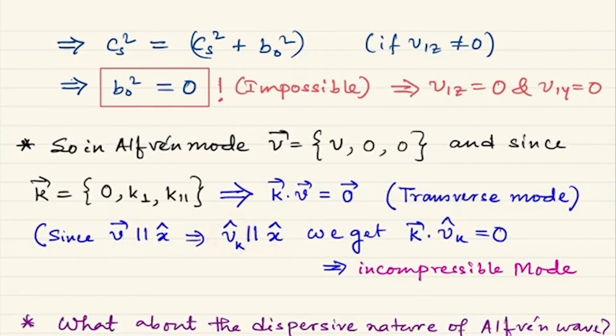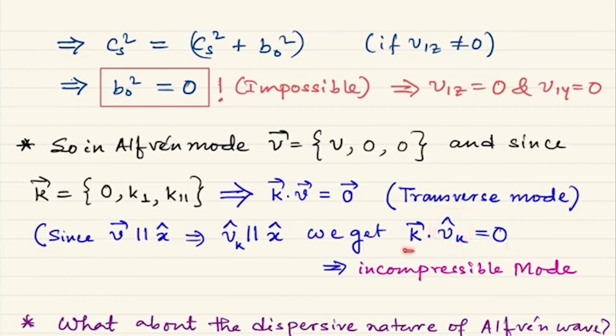Here you can use the Fourier component, or you can say the amplitude of the plane wave solution. This is also along the x direction, and then we get k dot vk, where vk is the Fourier component of v, which is also 0.